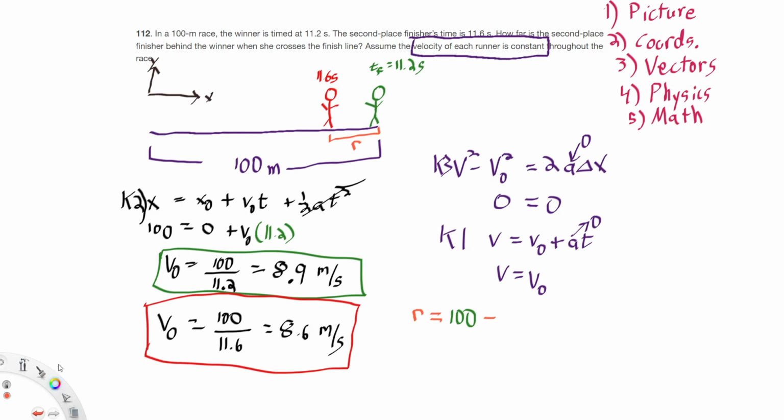And the red runner is at whatever distance he's at, 11.2 seconds into the race. But since we know the red runner's initial velocity, we actually have a way we can figure out at what point in the race he is after 11.2 seconds.